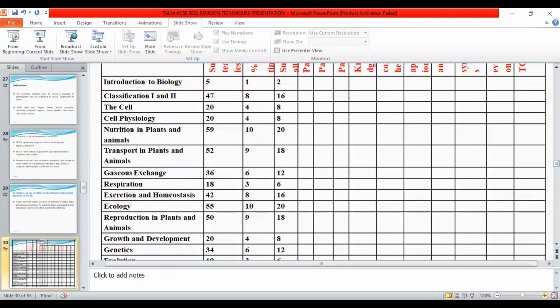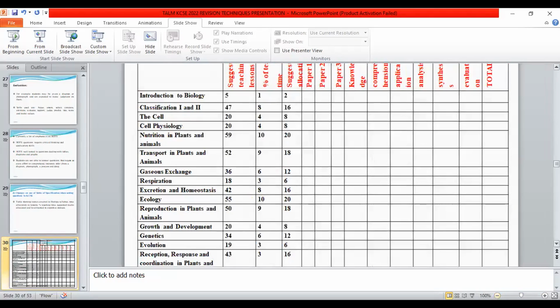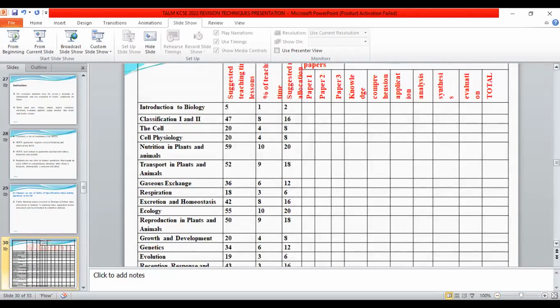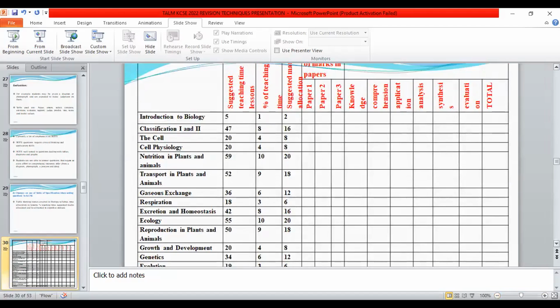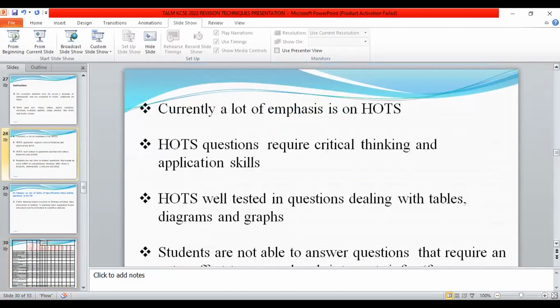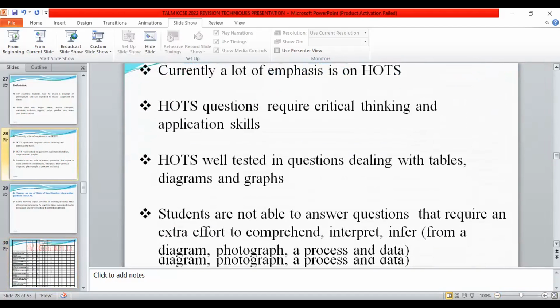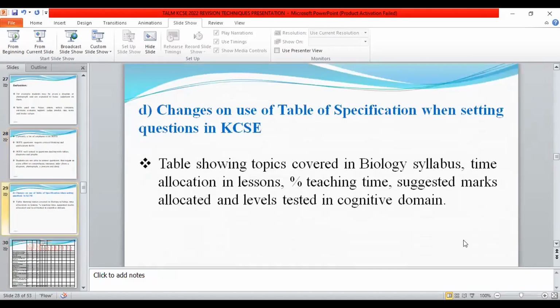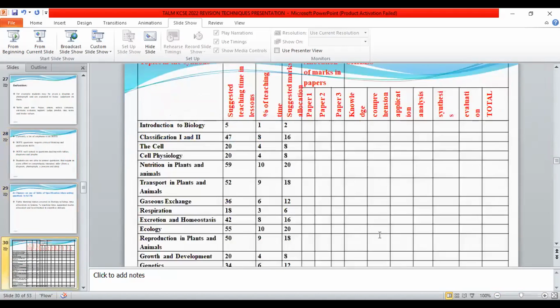When we are setting our papers, we need to ensure that there is at least a bit of cell physiology in paper 1, paper 2, and paper 3, and that when we add all the marks, we have about 20 marks from the topic of cell physiology.